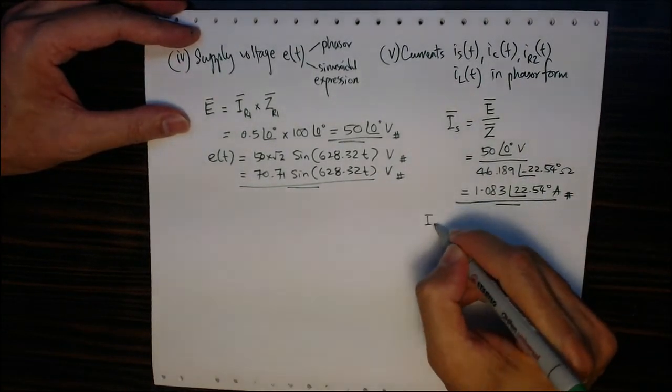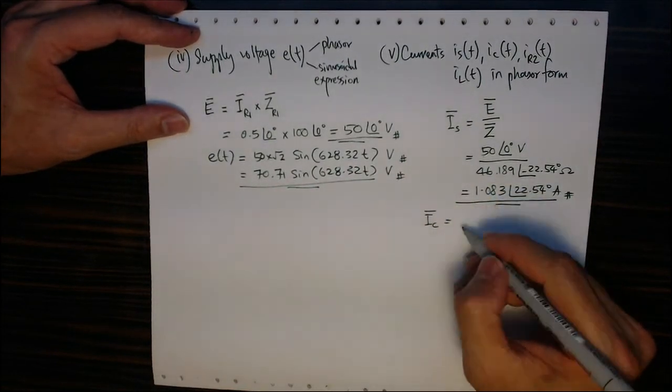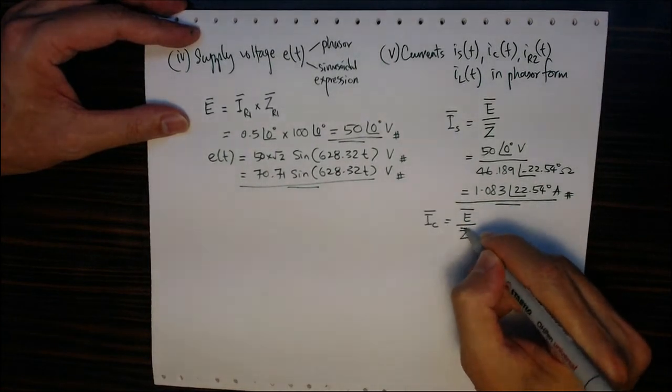Similarly, for IC, I can make use of E divided by ZC.